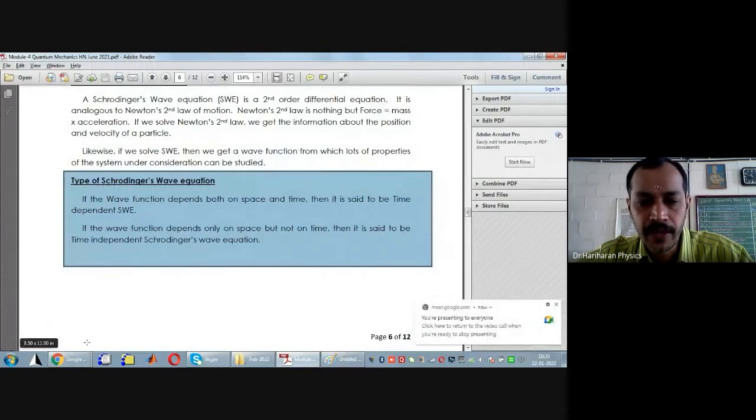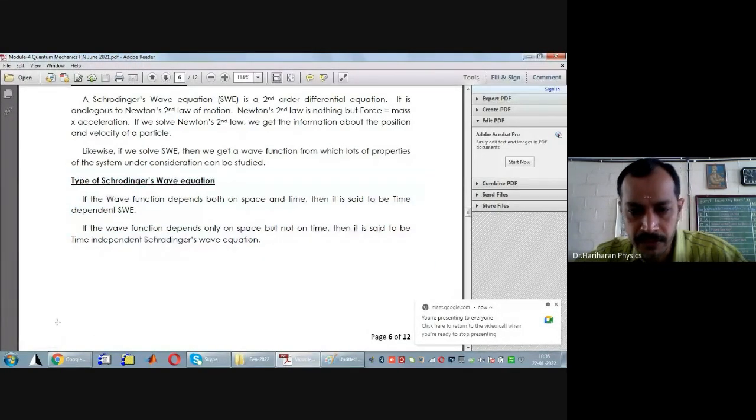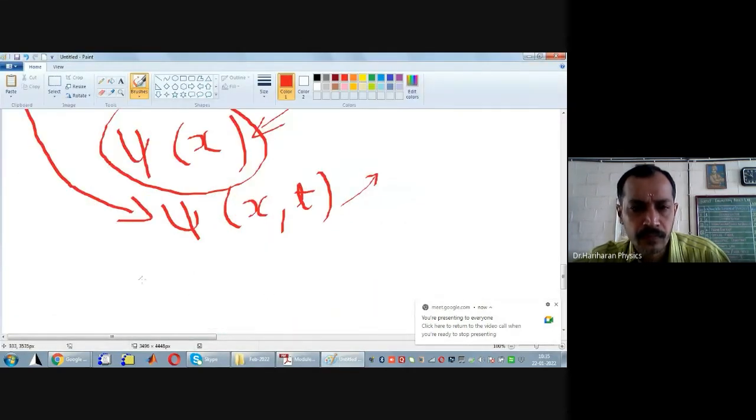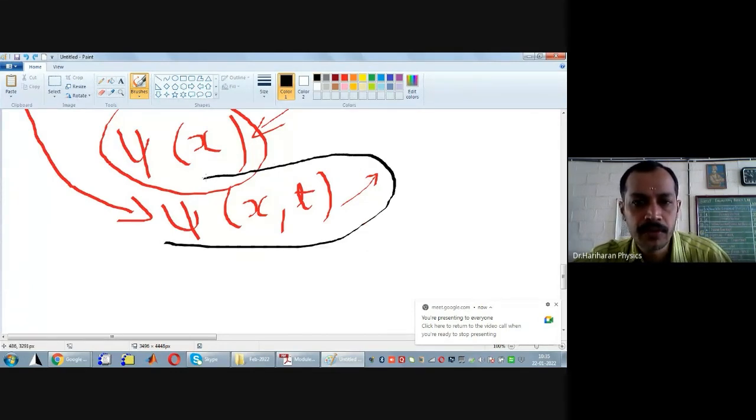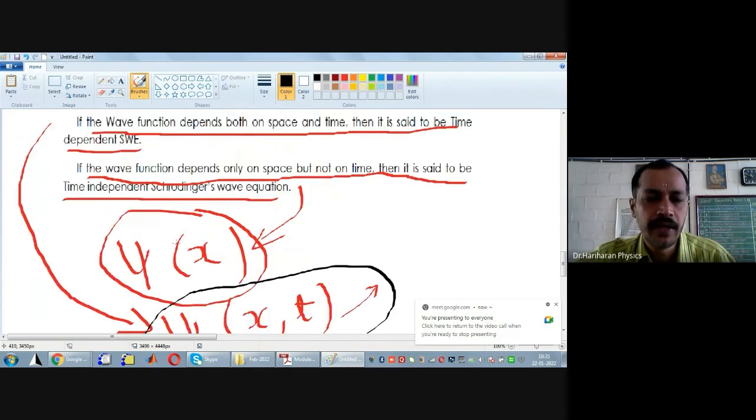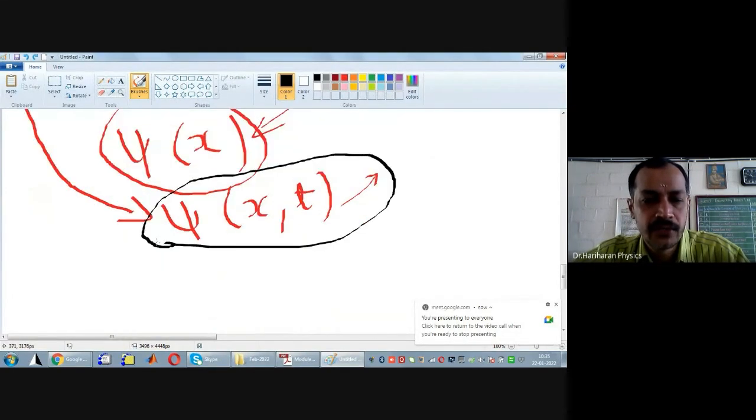In the case of time dependent wave function, the wave function will depend both on space and time. On the other hand, in the case of time independent wave function, it depends only on space. Okay, I think with this, I will stop here for now.